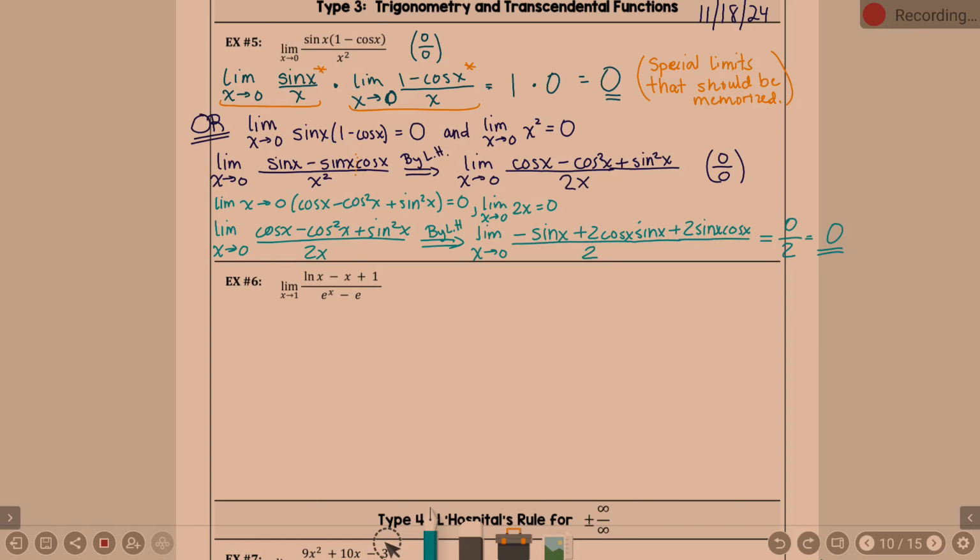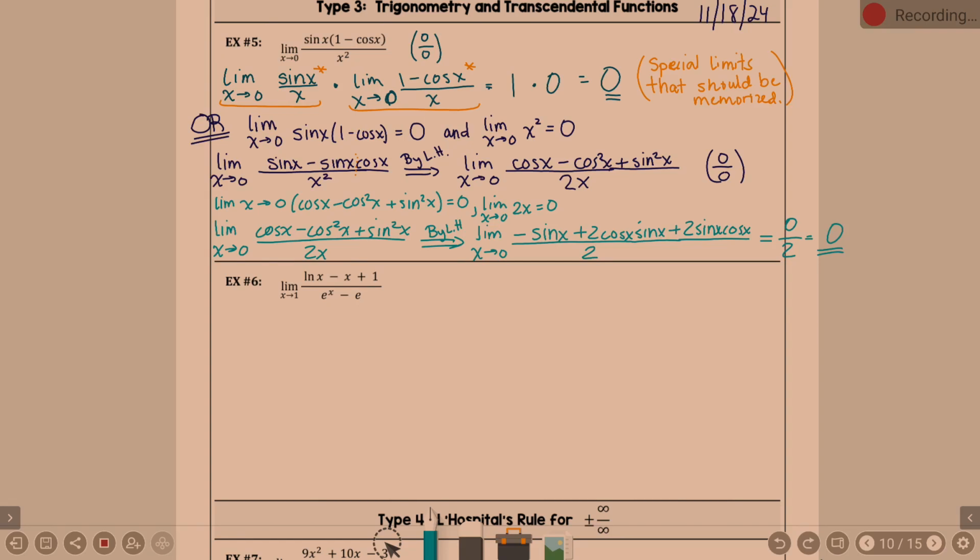L'Hopital's rule says if you get that indeterminate form, you can take the derivative of the numerator, the derivative of the denominator, and retry. That's what we did. It was messy, but we did it. Next one's not quite as messy.